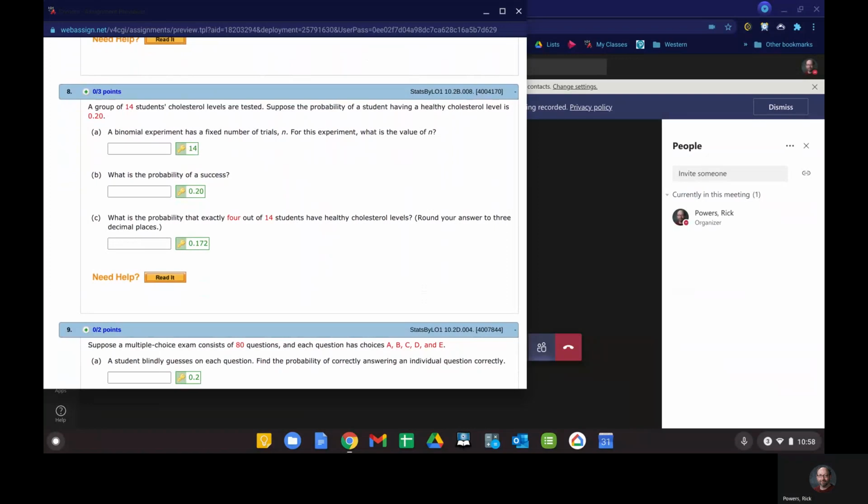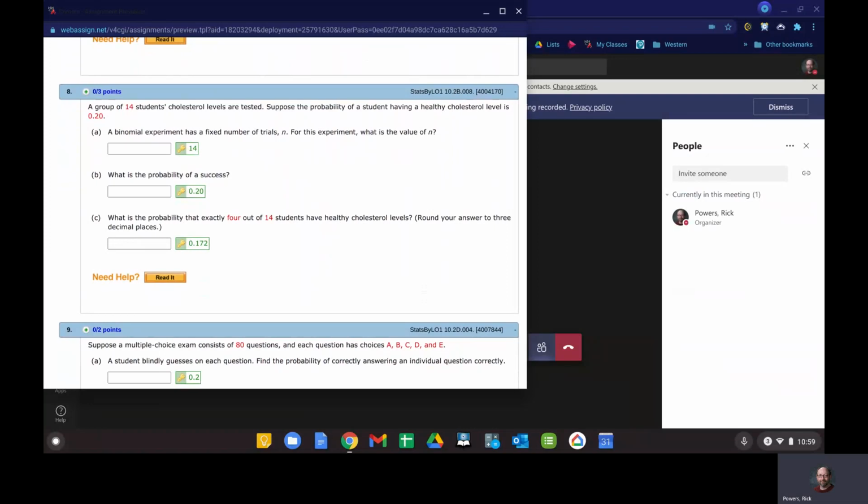And what we're looking for then, our variable, which we call X, is the number of students out of the 14. And just like when we did discrete probability, we have an X and we also have a probability of X. We have the number of students out of the 14, and each one of those numbers might happen. And so then the question is, how likely are these things to happen?